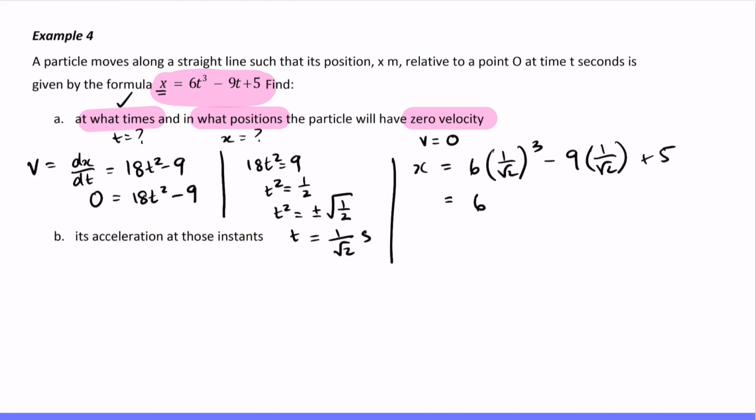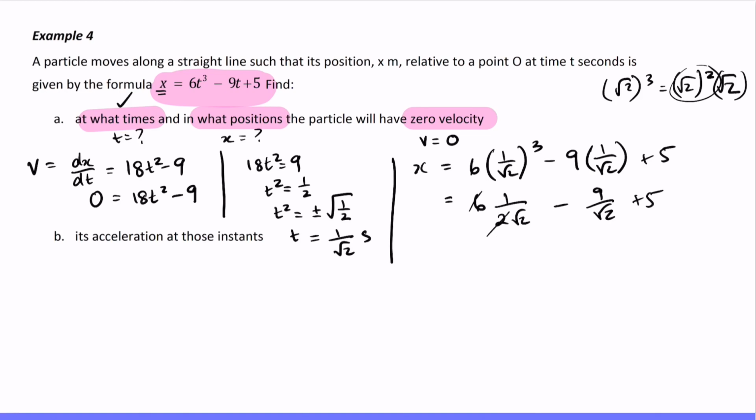So when I cube a root, that's the same as the root squared times another root, because it's cubed. And then we know that a root squared is just going to be the value inside. So that's 2 times root 2. So that's what I have at the moment. 2 root 2 minus 9 on root 2 plus 5.